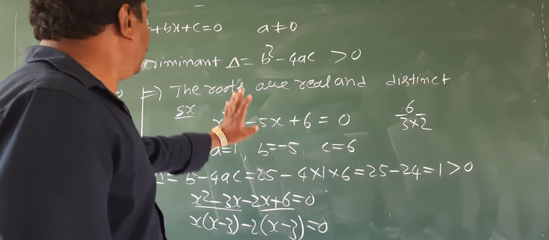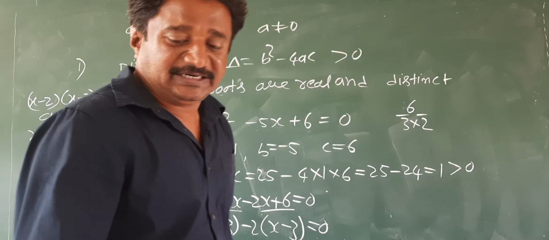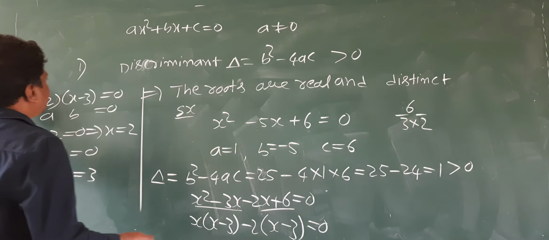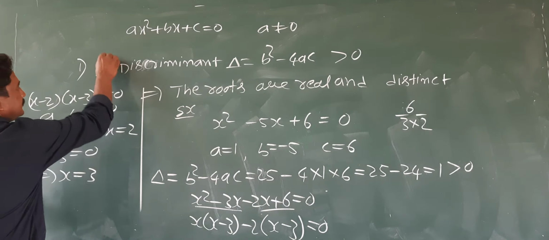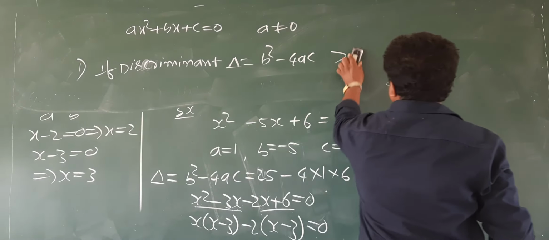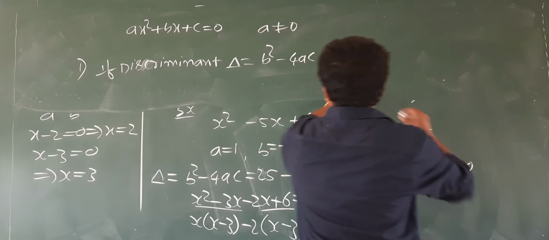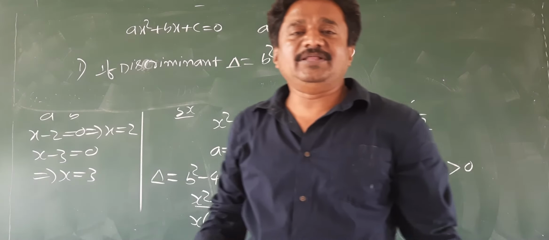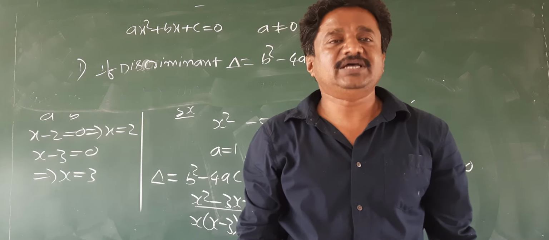Let us move on to one more condition, the discriminant. If the discriminant delta is negative, less than 0, tell me the numbers which are less than 0, students. Negative numbers.